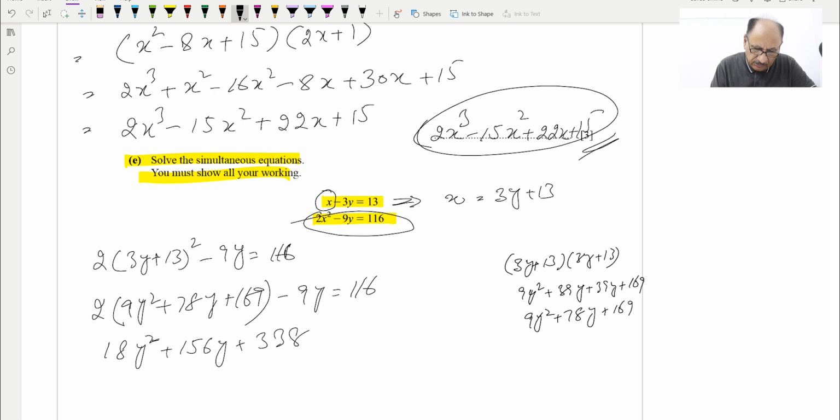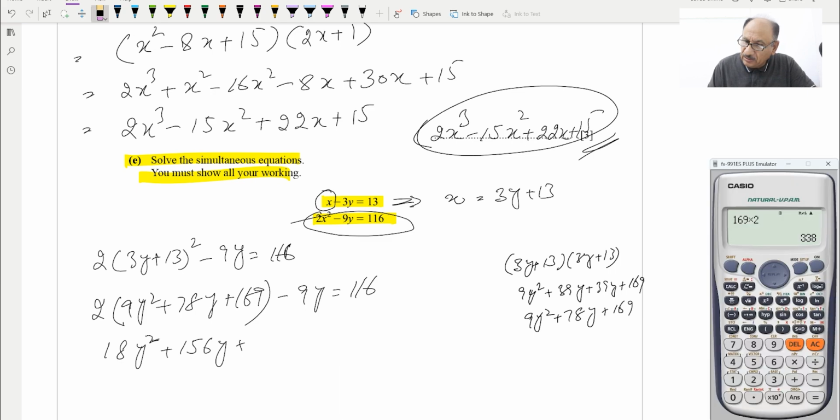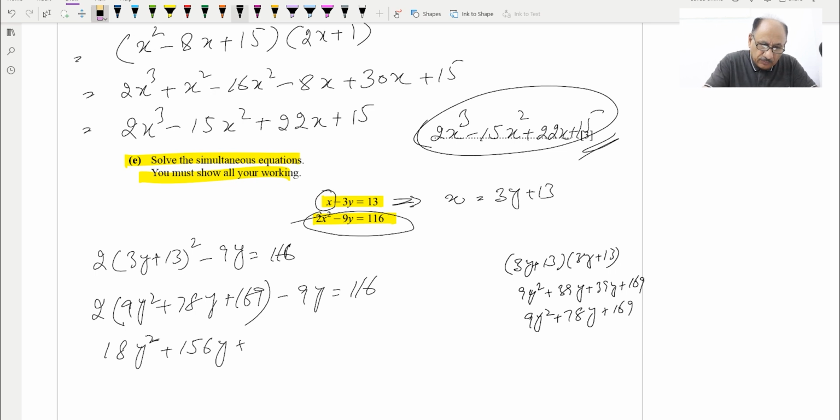Wait, 169 multiplied by 2 is 338. Yes, so this will be 338, and then minus 9y is equal to 116.